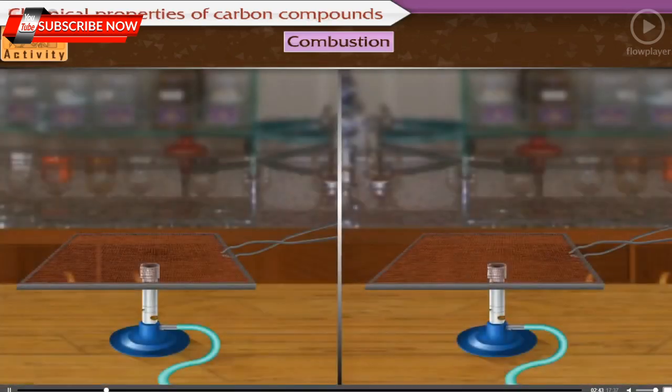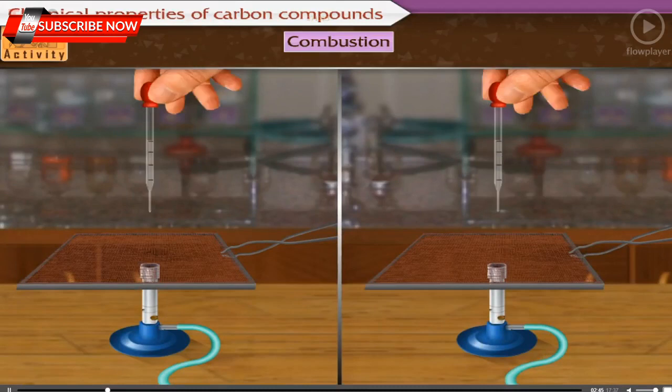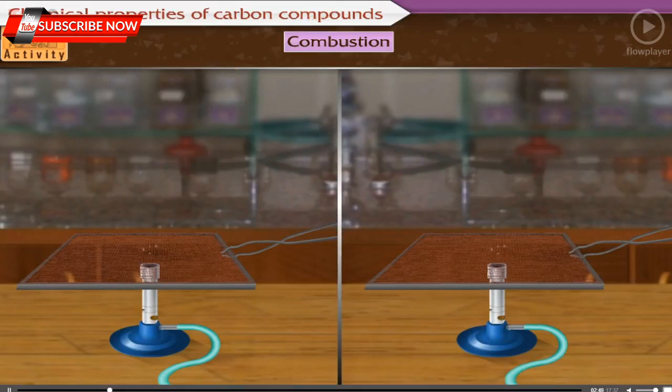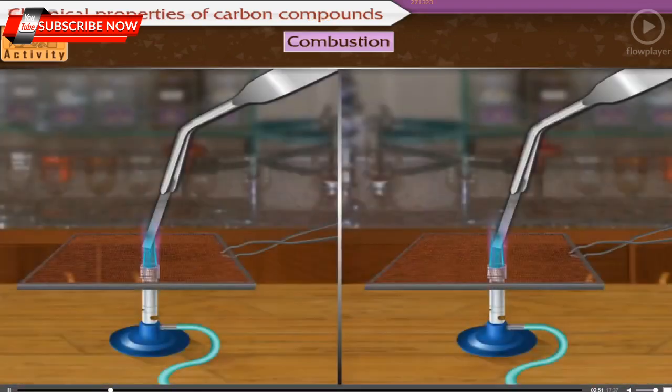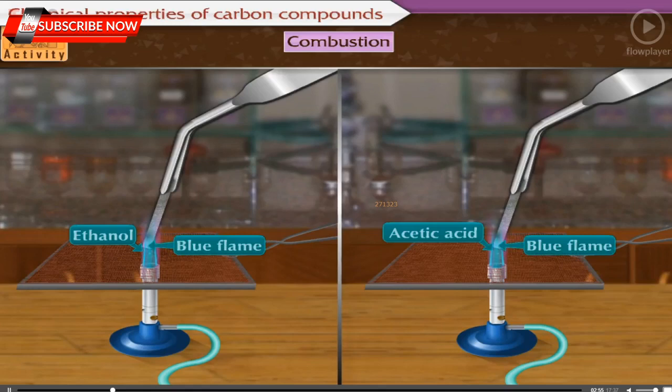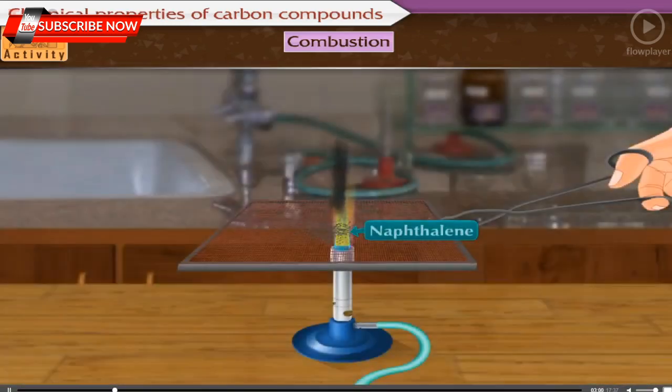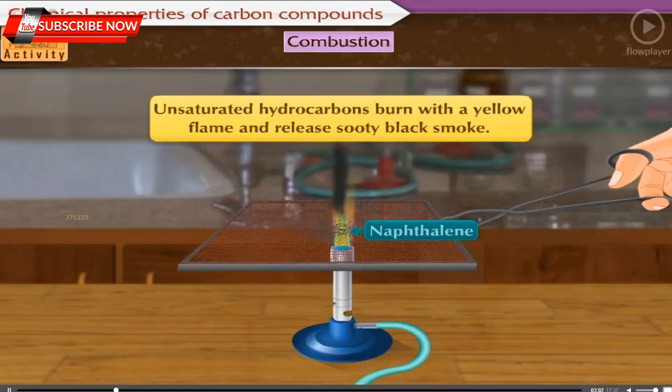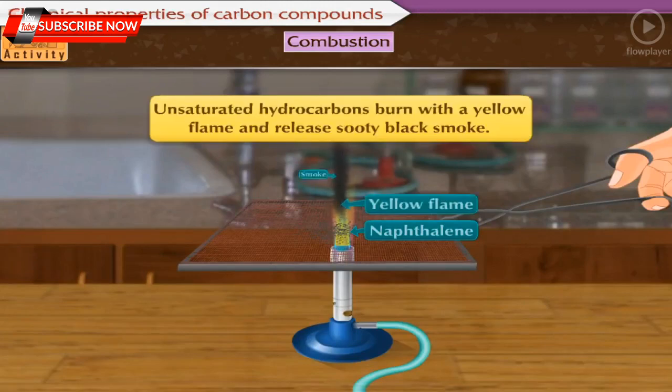Now let us perform the same activity by adding 3-4 drops of ethanol and acetic acid on the copper gauze. We observe that ethanol and acetic acid burn with a blue flame and do not release smoke. From this, we can infer that unsaturated hydrocarbons burn with a yellow flame and release sooty black smoke.